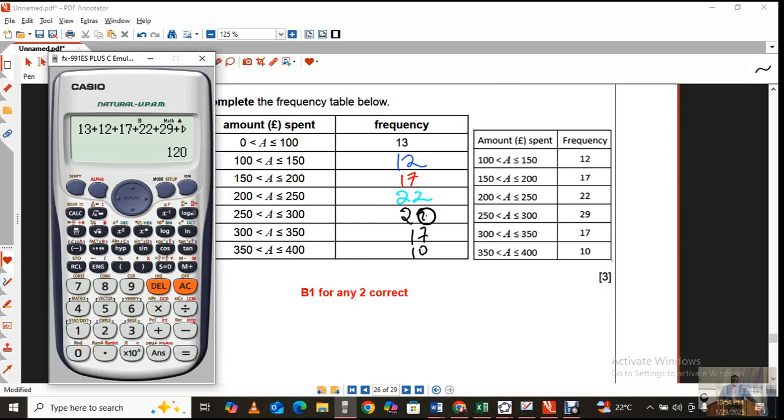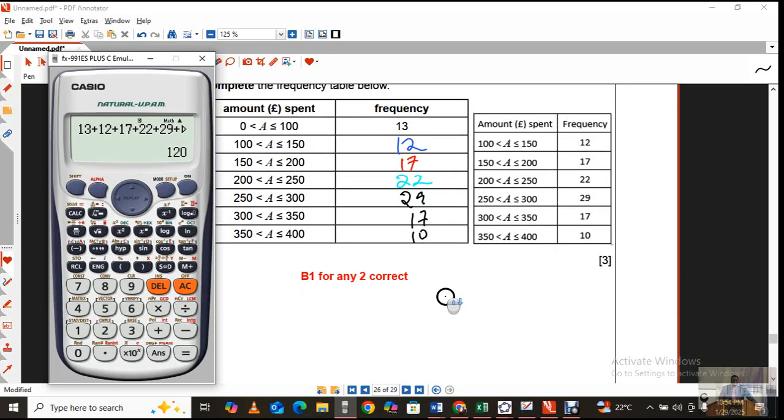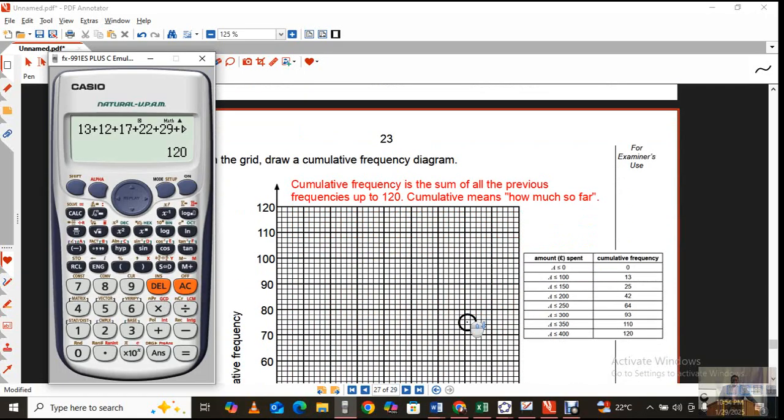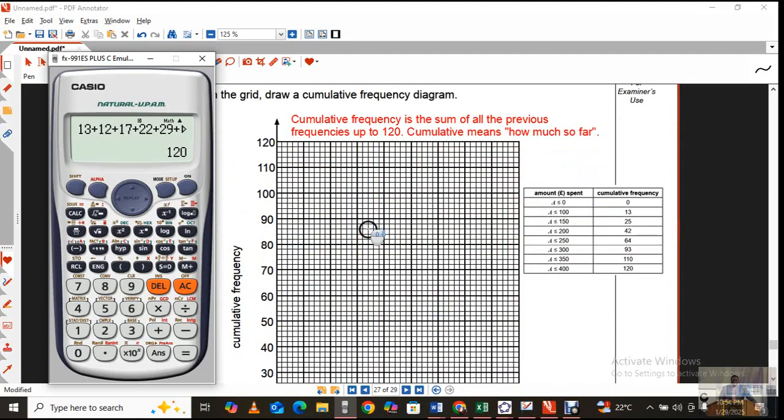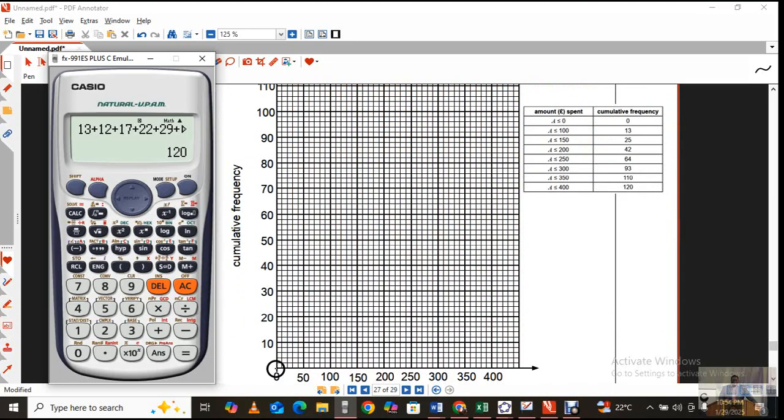It's one way that you can always check that. That is what I meant. But when you are plotting the cumulative frequency graph, which is an ogive or cumulative frequency curve, you use the cumulative frequency table that was given in this case.